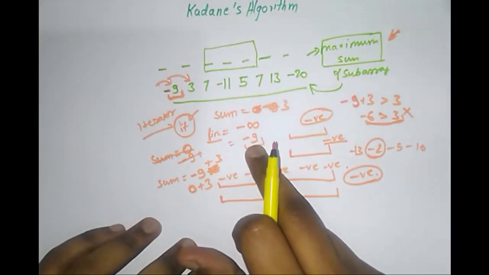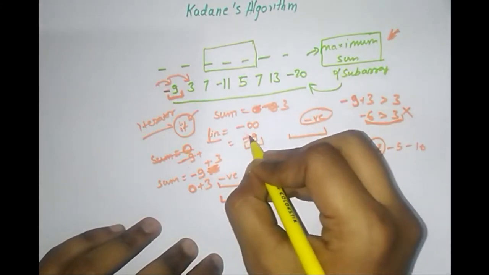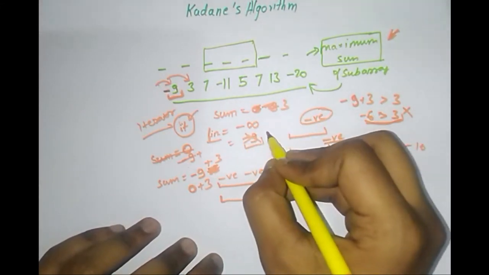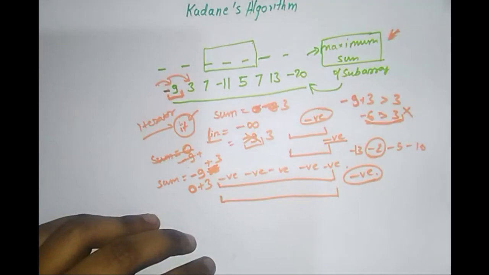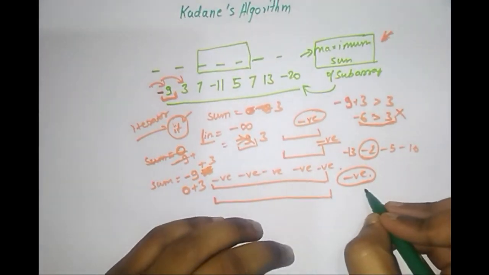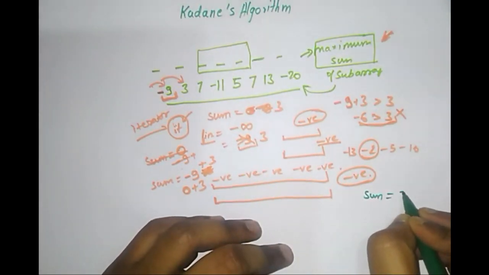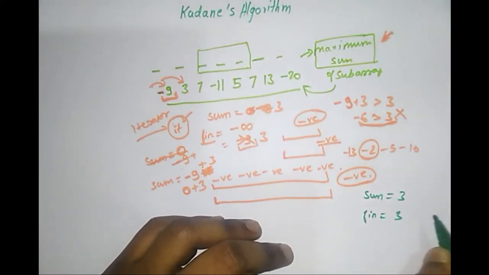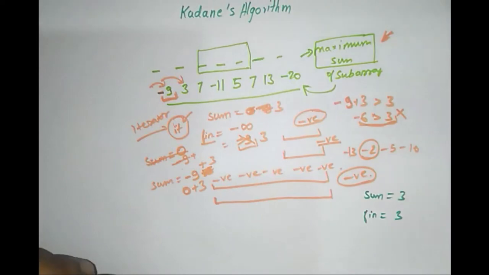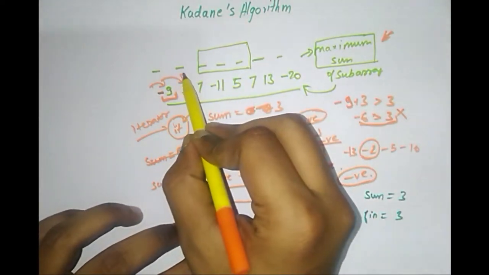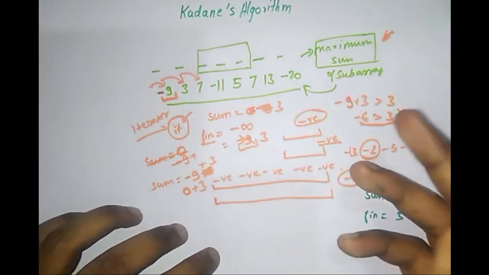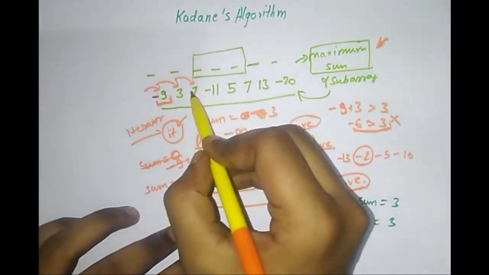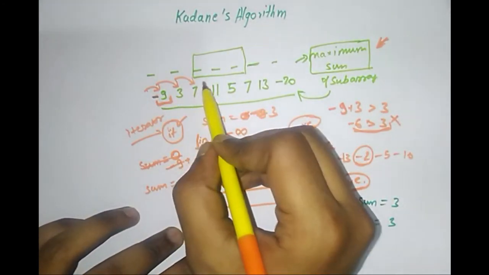So this value of sum is now 3. Is 3 greater than minus 9? Obviously it is. So sum will now become 3, and the max sum final is 3 now. Got it? Now we'll iterate to the next element in the array, and 3 plus 7 is 10.